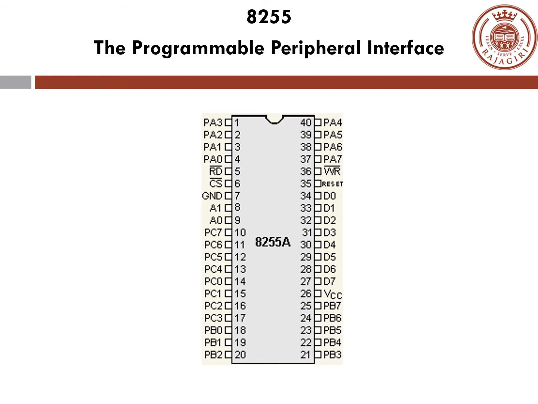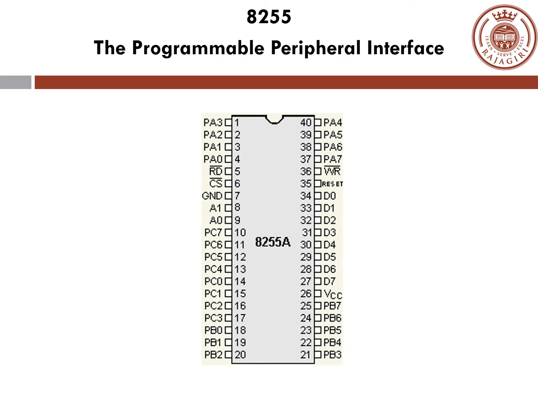There are 3 of them, each 8-bit: port A, port B and port C. So the pins are PA7 to PA0 is port A, PB7 to PB0 is port B, PC7 to PC0 is port C, and then you have D7 to D0, which is the bidirectional data bus that connects to the microprocessor.